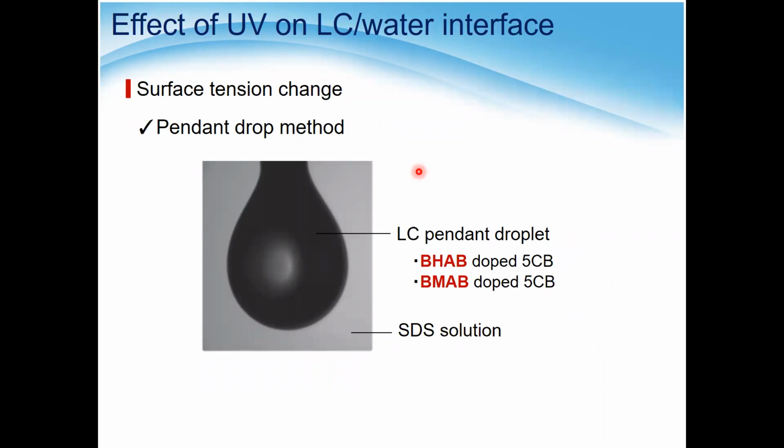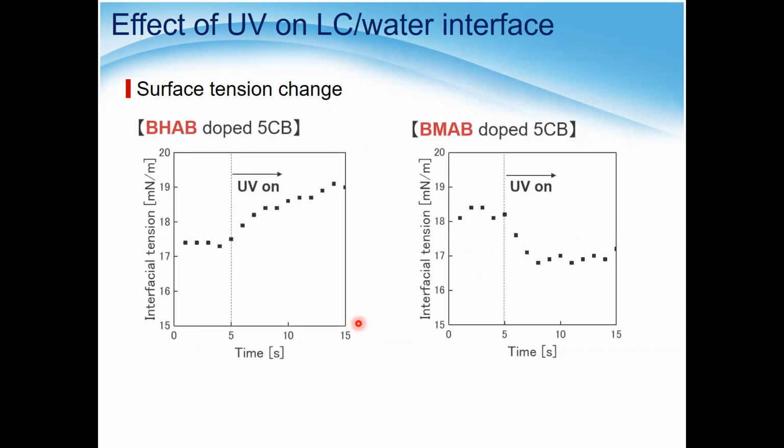Then we studied the surface tension change under UV illumination by using the pendant drop method. We prepared a pendant drop of the dye-doped liquid crystal in the surfactant solution, and then UV was illuminated to measure the surface tension change. What we found is that in the case of BHAB-doped 5CB, when the light was illuminated, the surface tension increased.